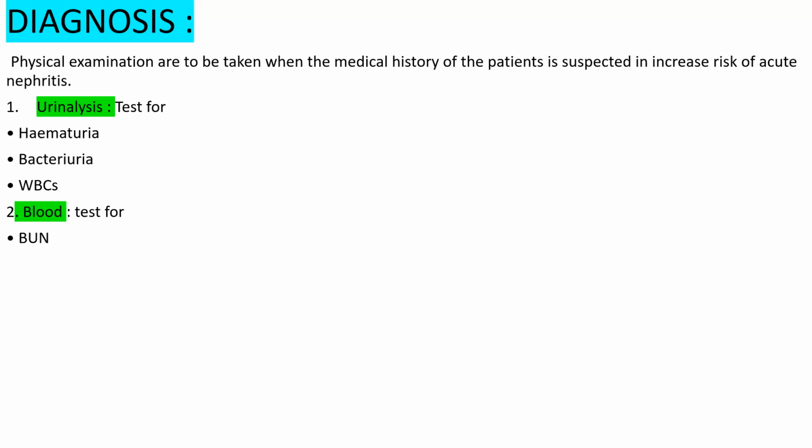So these are the indicators that you will find while performing this blood test. BUN and the other one is creatinine. This BUN, that is blood urea nitrogen, and creatinine are waste products that circulate in our blood.